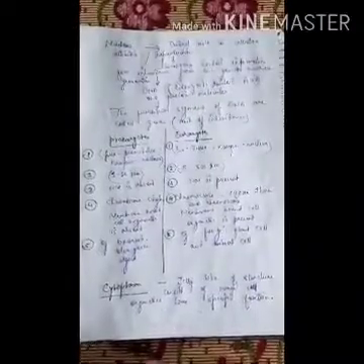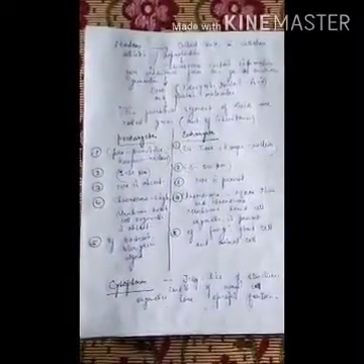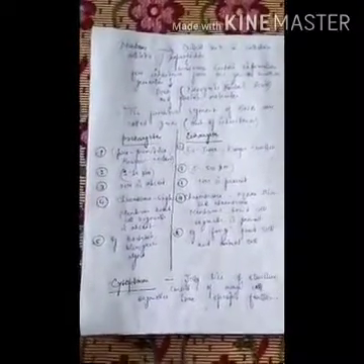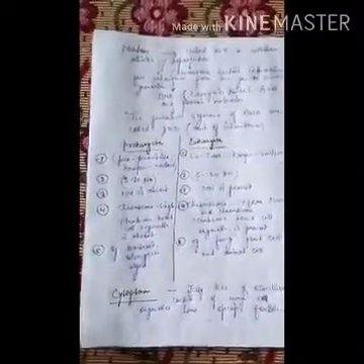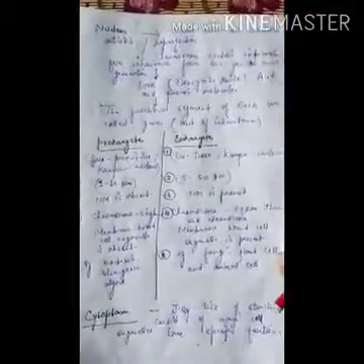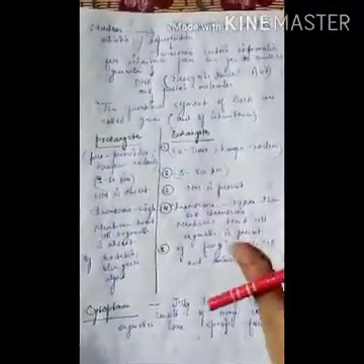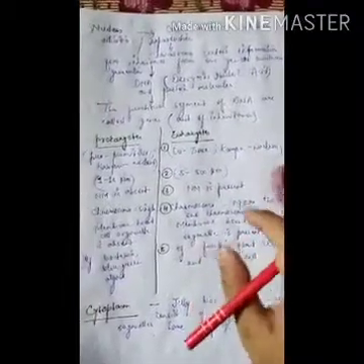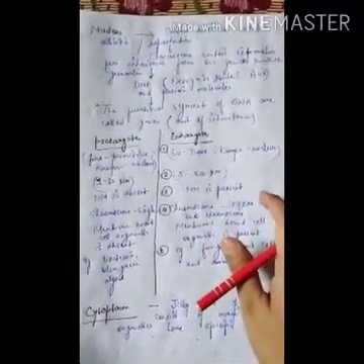Now, what is the nucleus? The nucleus is the next part of the cell. There are three main parts: plasma membrane, nucleus and cytoplasm. The nucleus is found at the center of the cell. It has a central role in cellular activities and reproduction.